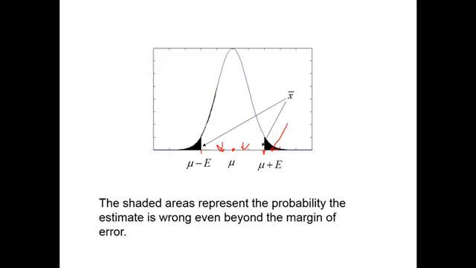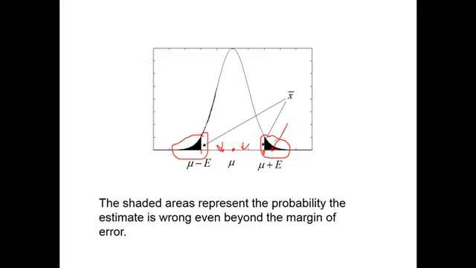Okay, if we just use X bar, we're going to be wrong. So we set ourselves a margin of error, say we're going to be between here and here, but even doing that, there's still a probability that we're going to be wrong, even more than the margin of error, and that amount is the area under these two tails.